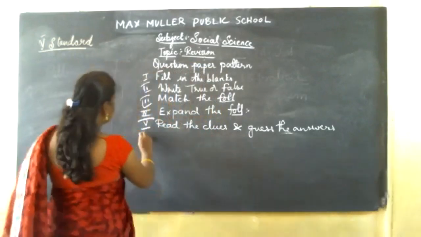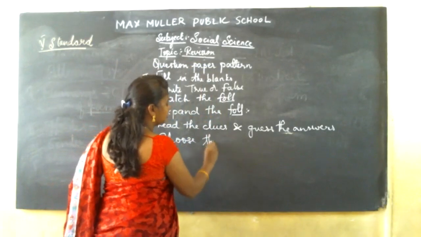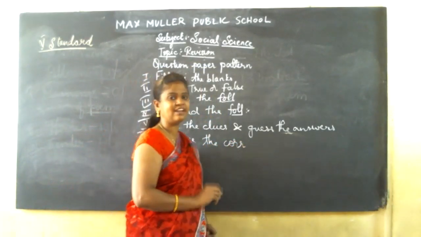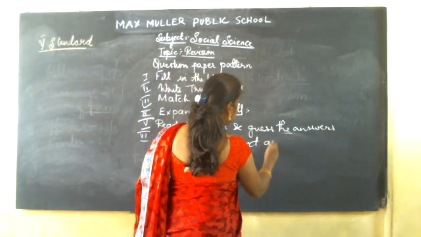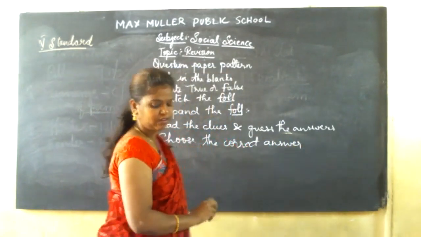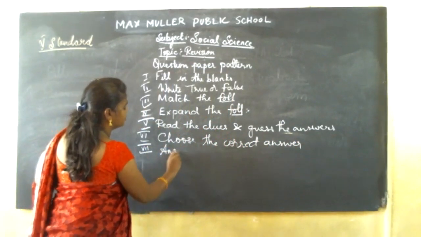Next one will be the choose the correct answer. So in the choose the correct answer, I'll be giving you the question and 3 options. You have to choose which is the correct answer and you have to put the tick mark. And the next main after this will be answer the following.